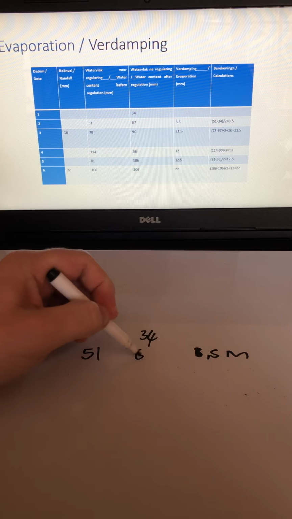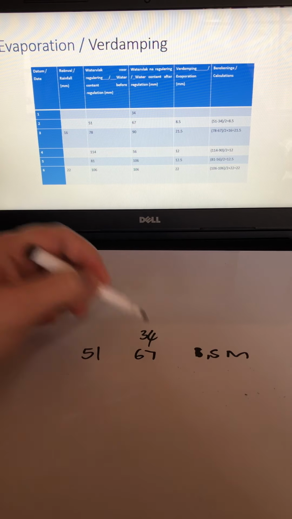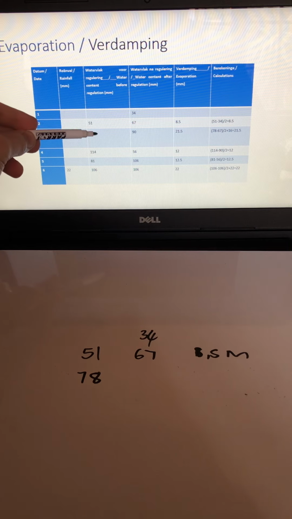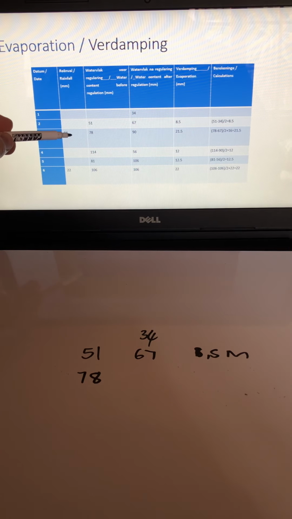Okay, so then afterwards another measurement was taken, and you get to the next day, and the measurement that's taken is 78. So this value over here is 78, and you see another value which is rain. So the amount of rain they had in that day was 16 millimeters.